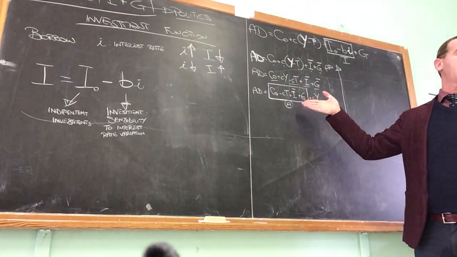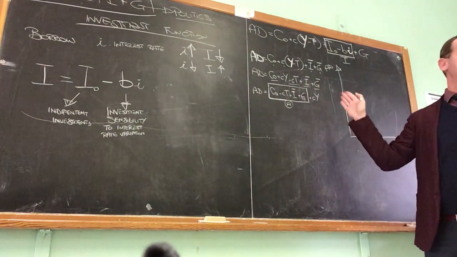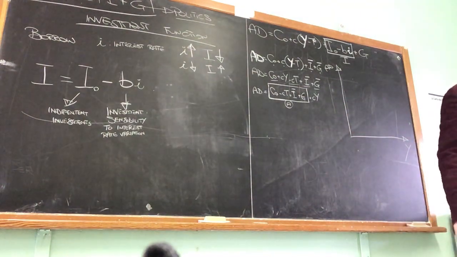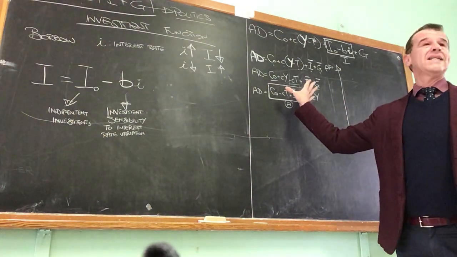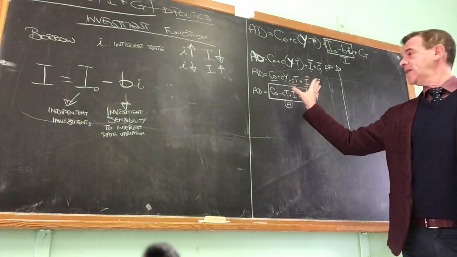We can call them A, or we can leave them like this, as we prefer. But we know one day when we will have data, this will be a number.